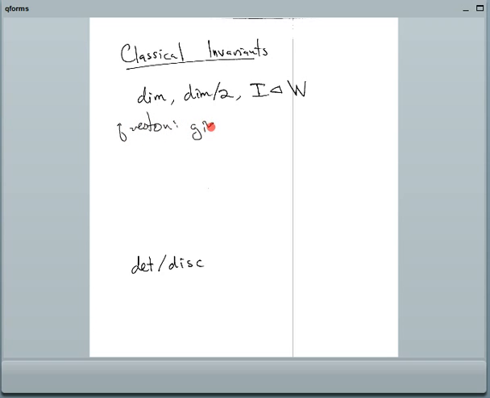Here's one way of saying it: given a quadratic form Q, how can we determine if Q is similar to 0 in the Witt ring?